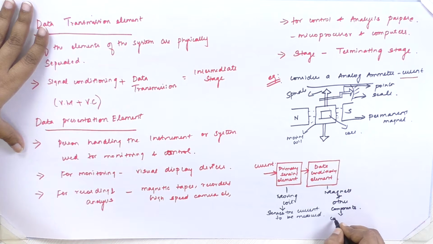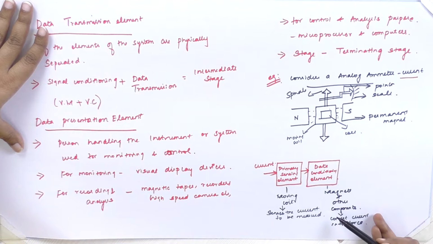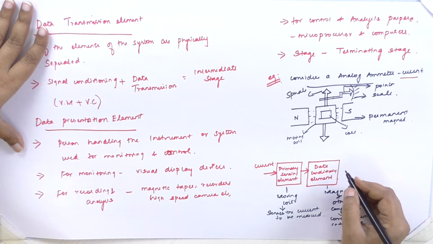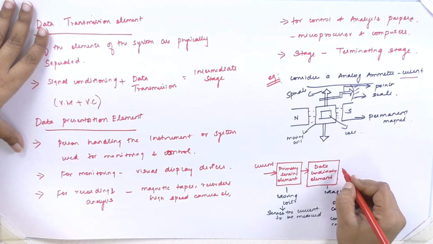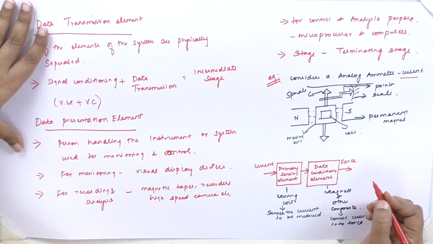It will convert current into force. So, the current is converted into force with the help of this data conditioning element, which is nothing but the magnets and other components in the instrument. So, now the current is converted into force.